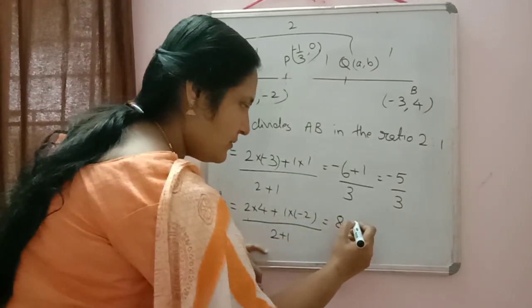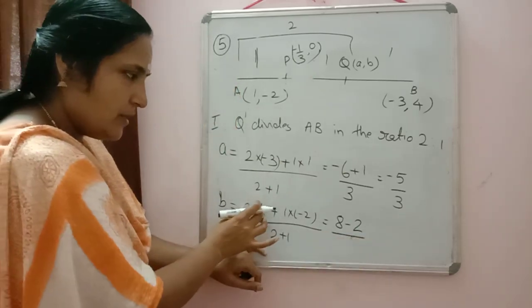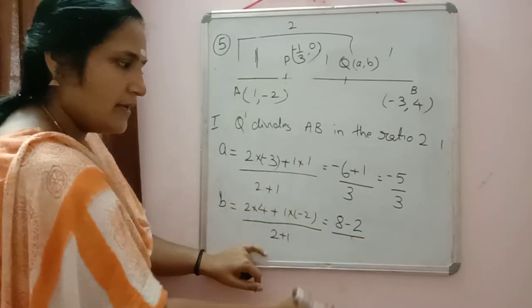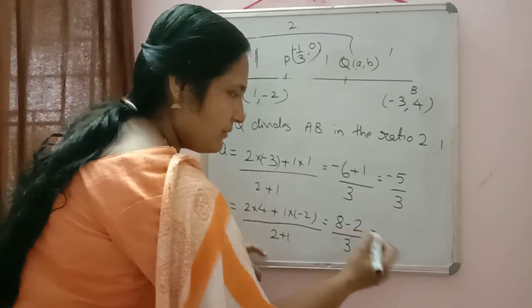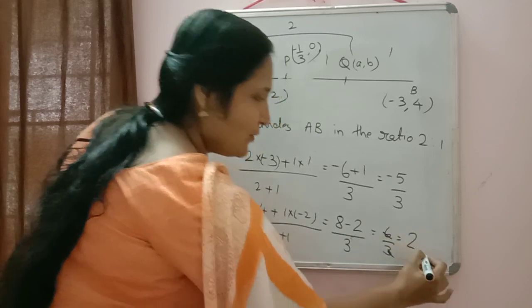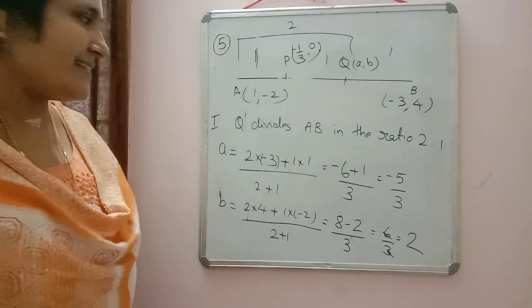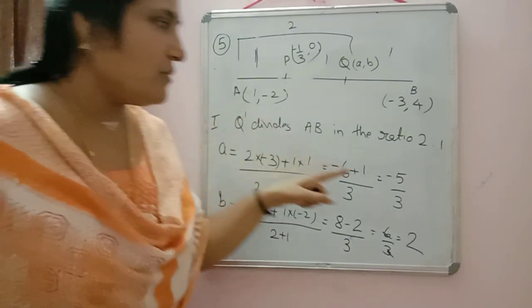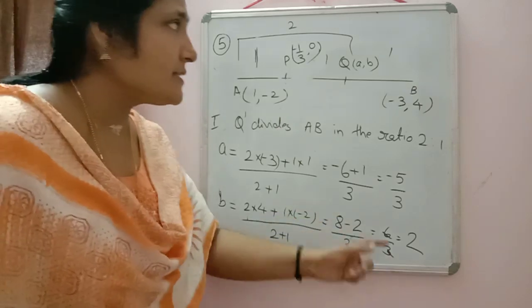Positive into negative is negative. So 2 into 4, 8; 1 into -2, -2, by 3. 8 minus 2, 6. And 6 by 3 is equal to 2. So just now we got the integer answer there. X coordinate of Q as -5 by 3 and y coordinate as 2.